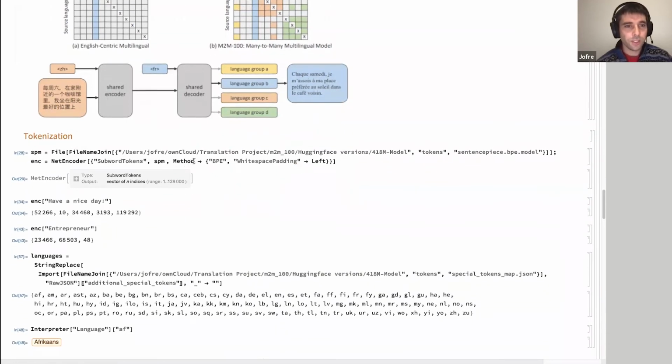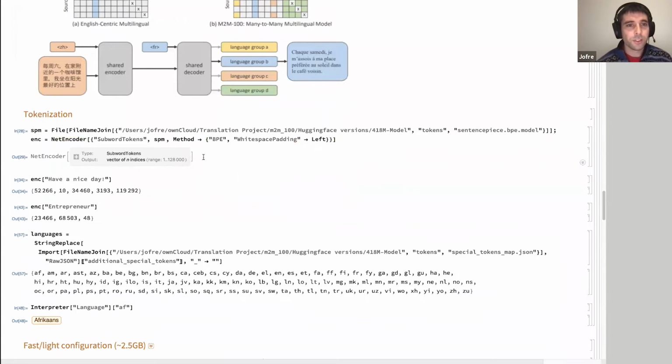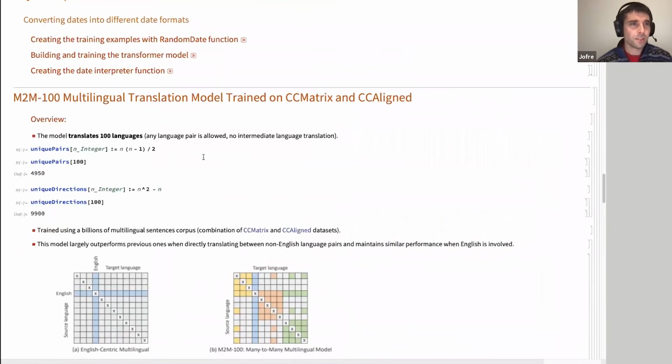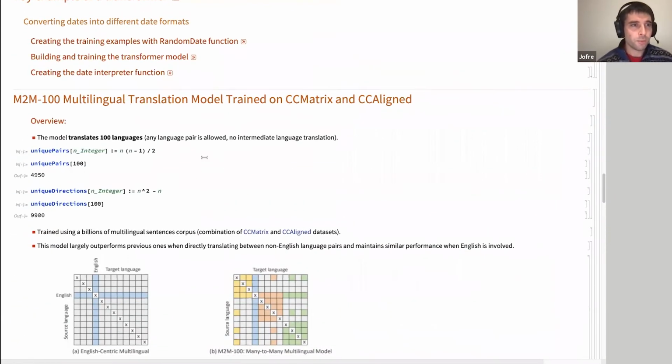So they are using a specific model for tokenizing the sentences. This is a so-called sentence piece model, which I think Google was behind. By the way, I think I mentioned, but the M2M 100 multilingual model was created by the Facebook AI group.